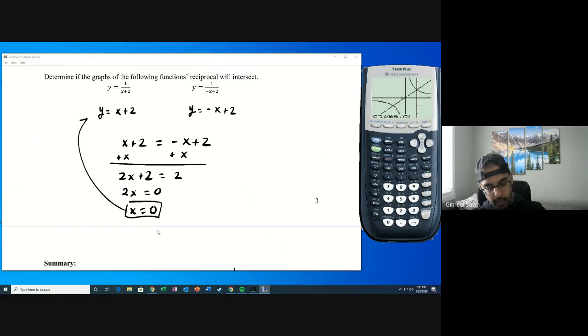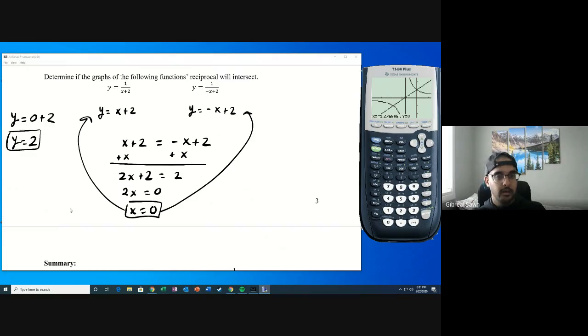If we were to plug that into those reciprocal functions, we're going to find the y values that they're equal to. So if y is equal to 0 plus 2, that means y is equal to 2. You can try out the other one as well, but it should give you the same thing since we used them both to find x, but you can do it anyways. So negative 0 plus 2, which is really just 2.